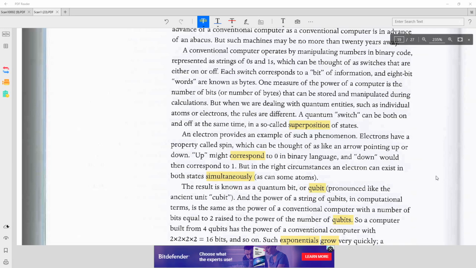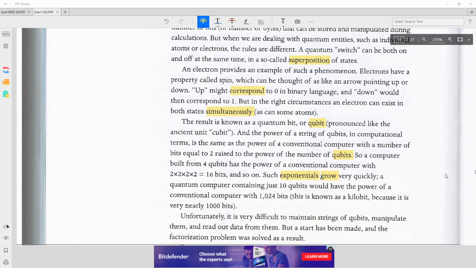But when we are dealing with quantum entities, such as individual atoms or electrons, the rules are different. A quantum switch can be both on and off at the same time in a so-called superposition of states. An electron provides an example of such a phenomenon.